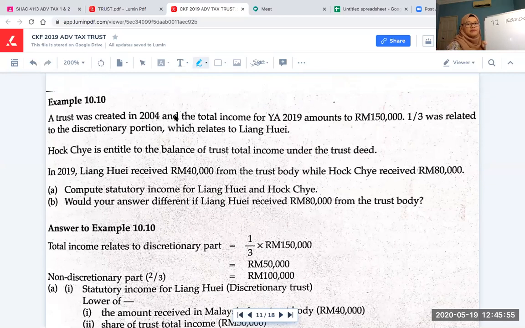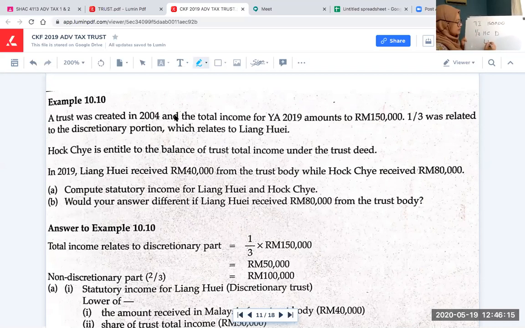It's okay. Alright. So 1/3, this one is the discretionary portion. And the other one, Hok Chi, is the balance, which is 2/3. Right?